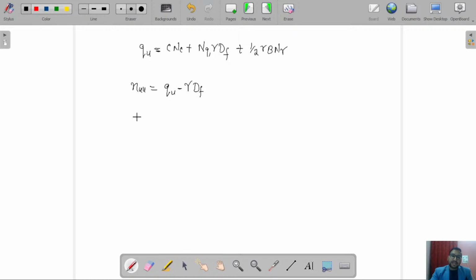Now in the question it is asked to calculate the net safe bearing capacity, QNS.